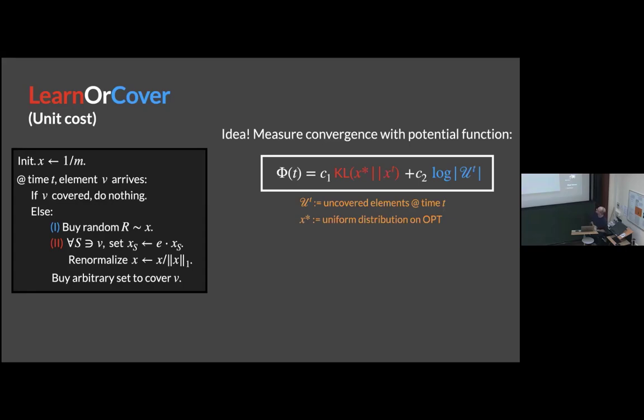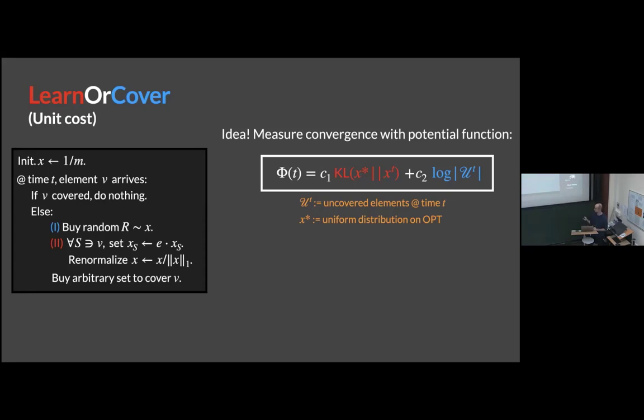Phi, a function of the state of the algorithm at time t, is the KL divergence between the optimal solution x star and xt, where I've scaled down the optimal solution so that it's on the simplex, thinking of it as the uniform distribution over the optimal integral solution, plus log of the number of elements remaining.